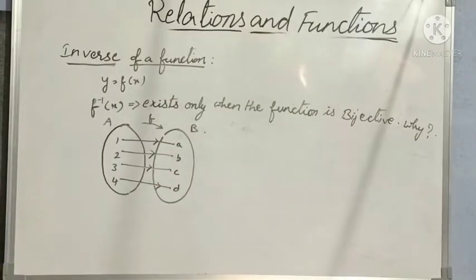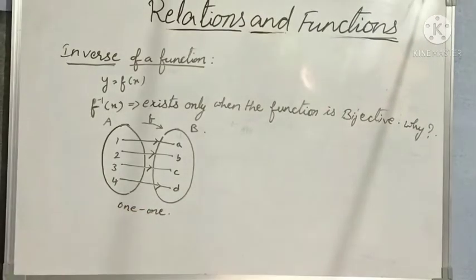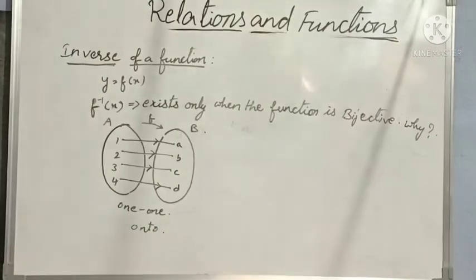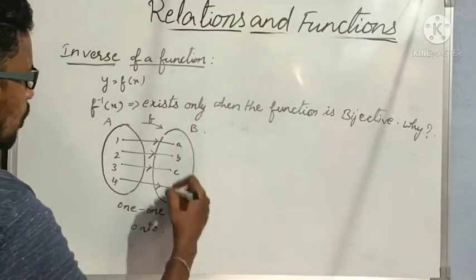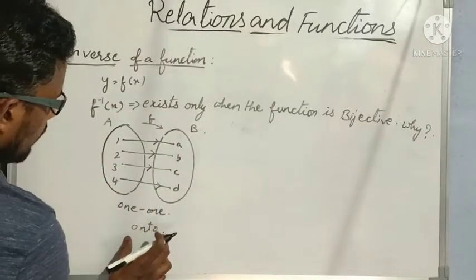So this function is one one, and onto also. Why? Because codomain and range of the function are both equal. Such a type of function is one one and onto.